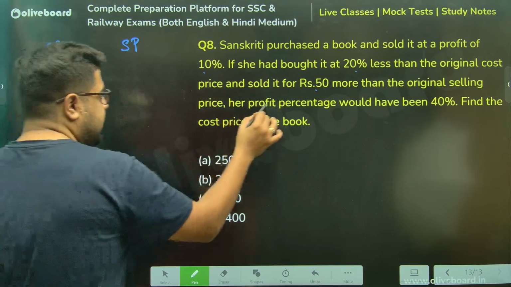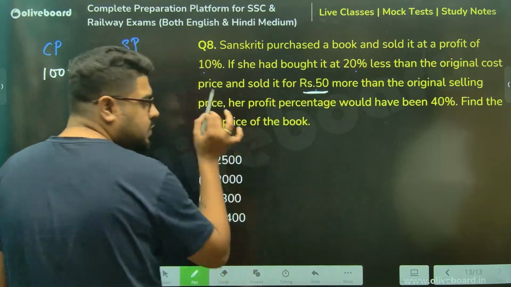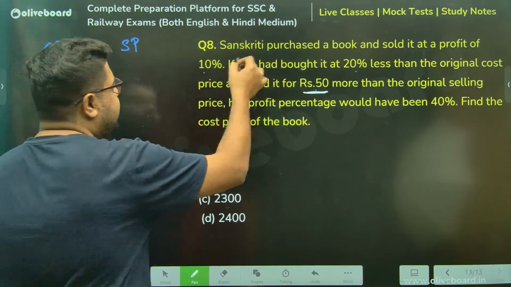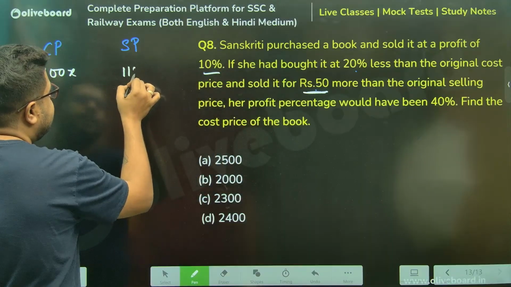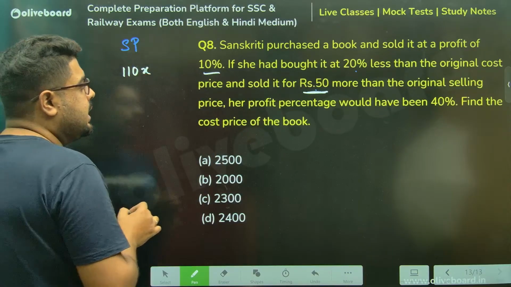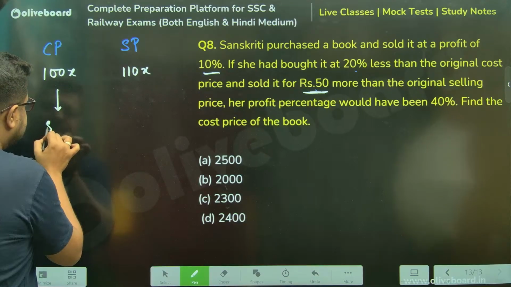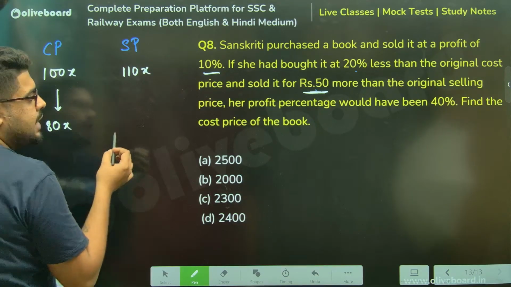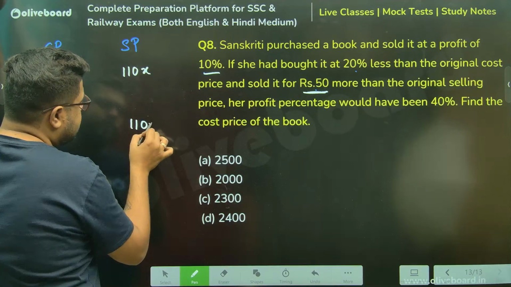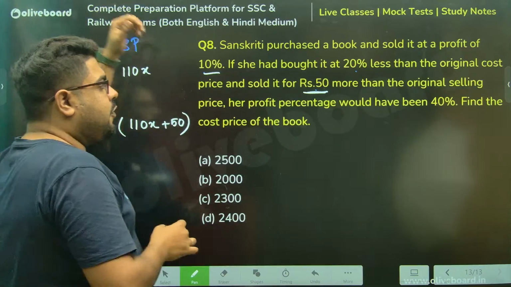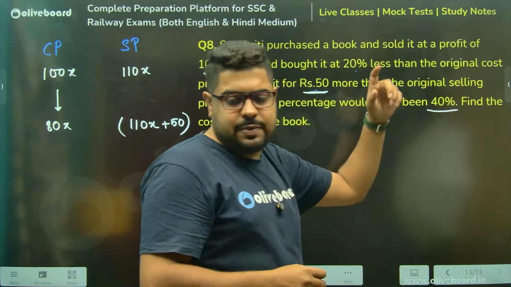Why am I taking x? Because there is a value involved here, so I don't want to take 100. So 100x sold at a profit of 10%, meaning SP will be 110x. If she had bought it for 20% less, meaning 80x, and sold it for 50 rupees more, the profit percentage would have been 40%.